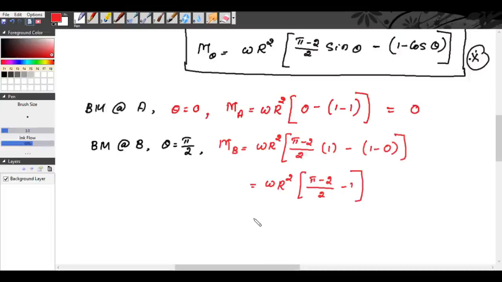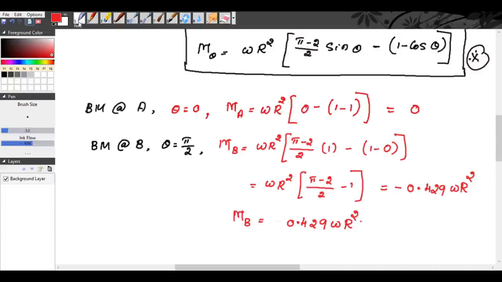So we get MB is equal to minus 0.429 WR². So it is minus, right? Minus means your bending moment is hogging moment.